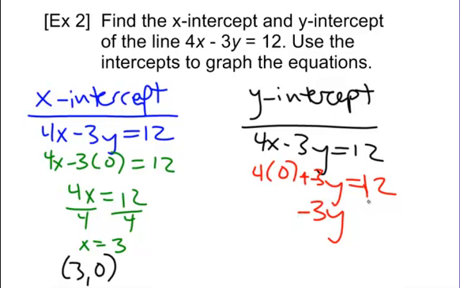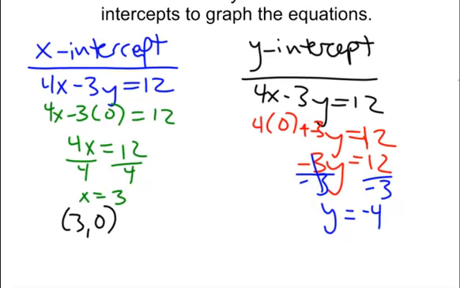Here you're going to divide by negative 3, divide by negative 3. We have y equals negative 4. We made x 0 to find the y-intercept, so the coordinate is 0, negative 4.